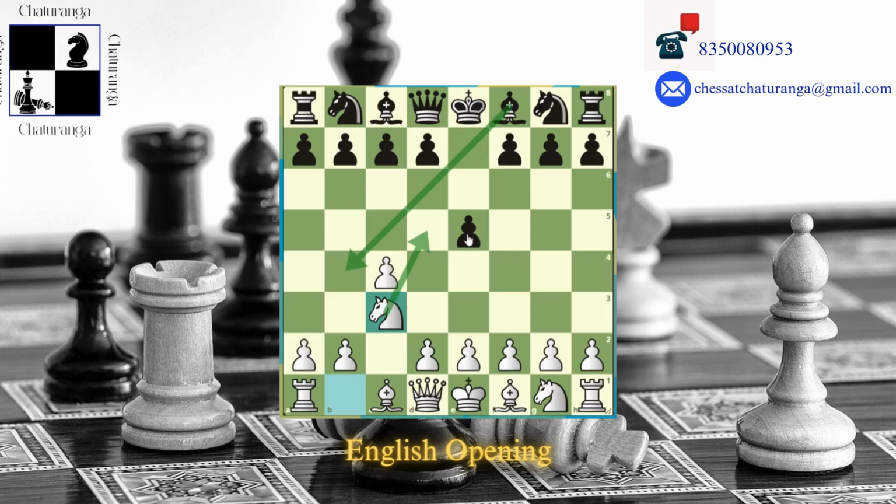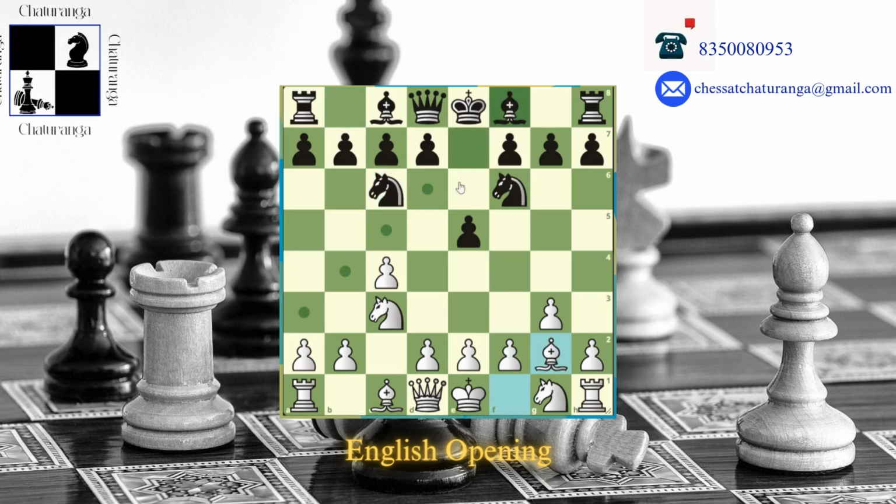So let's say after knight c3, after knight c3, black plays the move knight f6, g6, g3, knight c6, bishop g2, and now black chooses to play the move bishop b4.